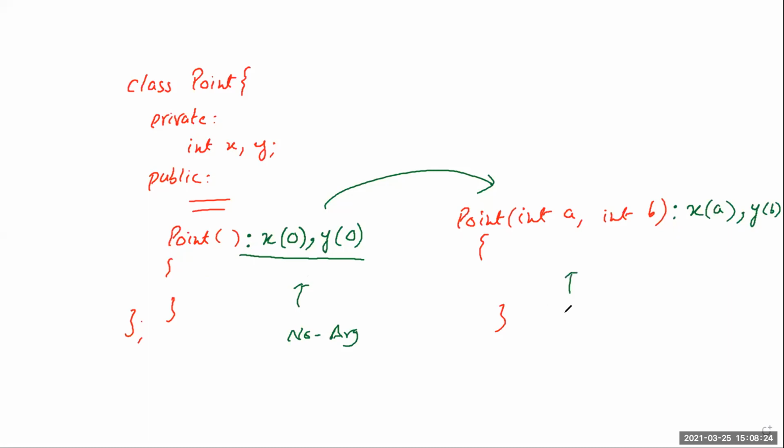And this one is a parameterized constructor, because it is taking two inputs, which we are copying in the data members X and Y. When you create an object, you actually take a decision which of these constructors you want to call. If you know the initial values, you can call the parameterized constructor. Else, you just write point P and the default constructor is invoked, right?